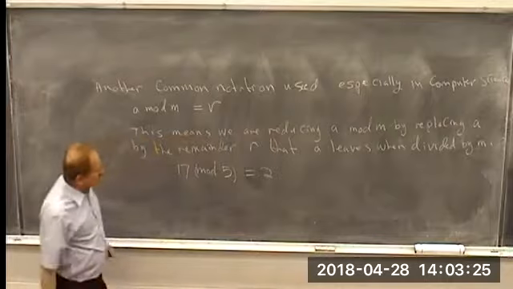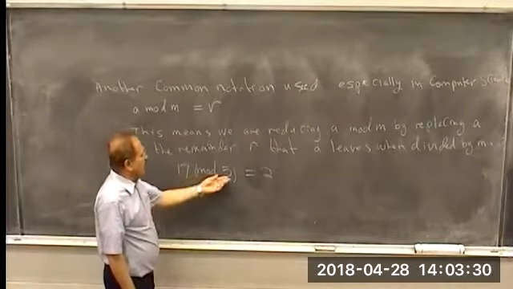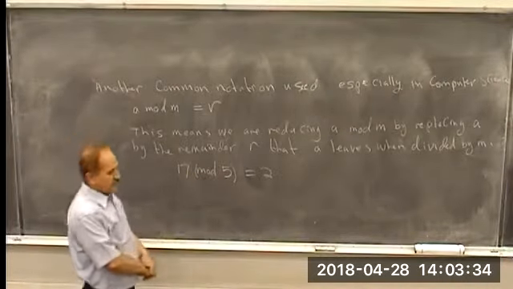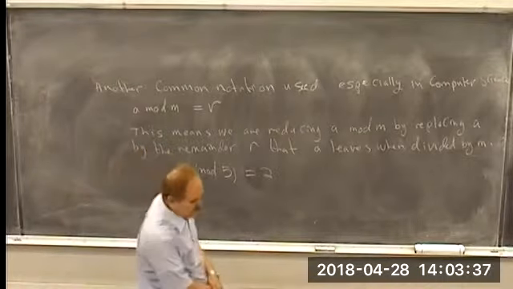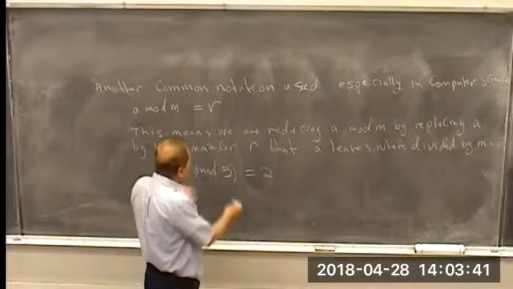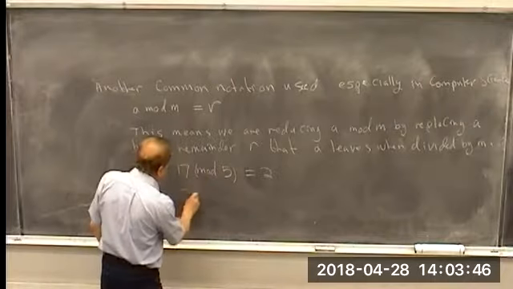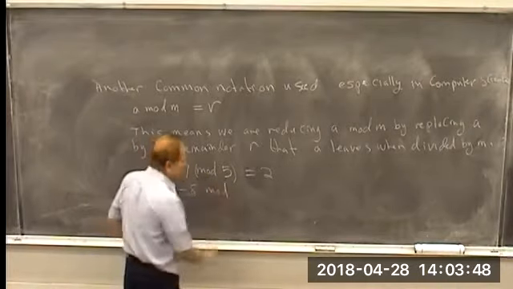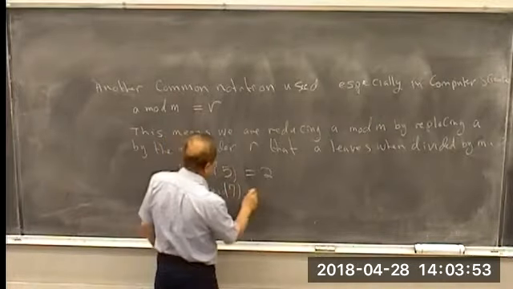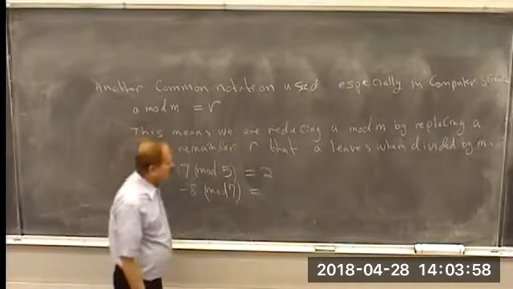When you divide 17 by 5, you come up with a 3, and the remainder is equal to 2, since 15 plus 2 is 17. So sometimes we use this language. Another one is minus 8 mod 7, which is equal to 6.